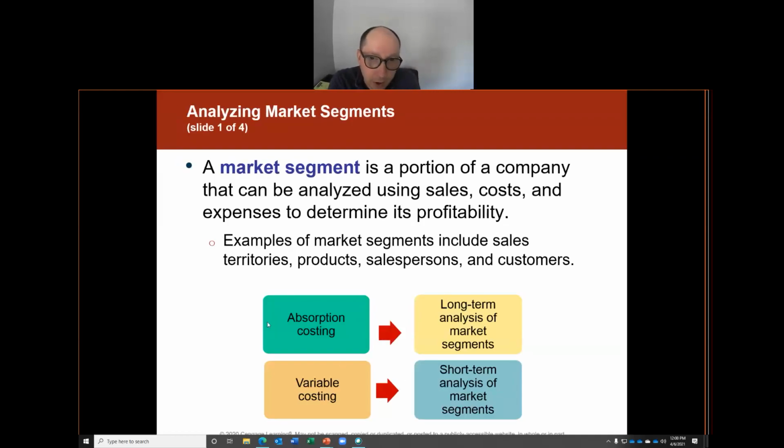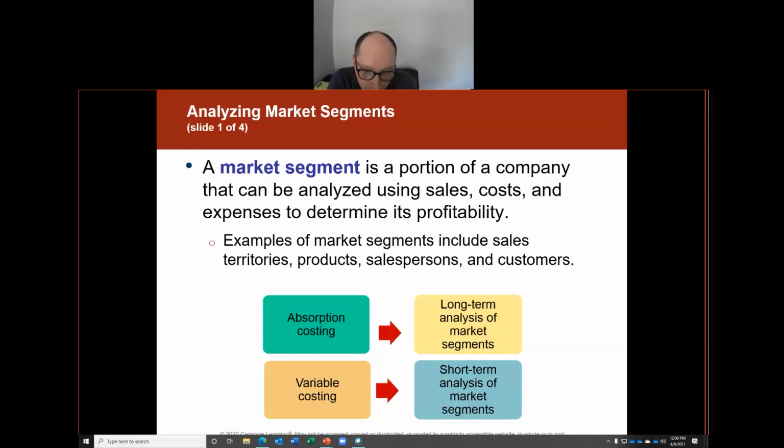And the last one is to understand the market segments. Market segments are a portion of the company based off of sales, costs, expenses to determine profitability. Market segments are things like sales territories, products, salespeople, customers. We call those segments. Hopefully you learned that way back when in Introduction to Business.